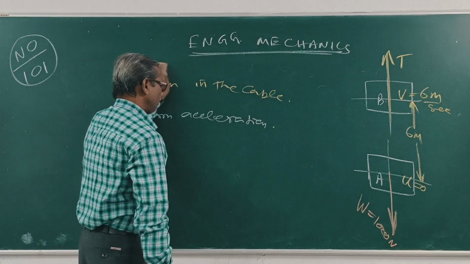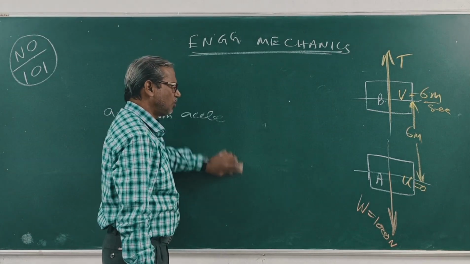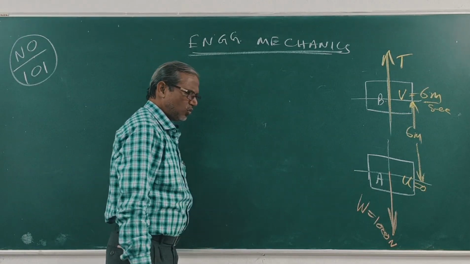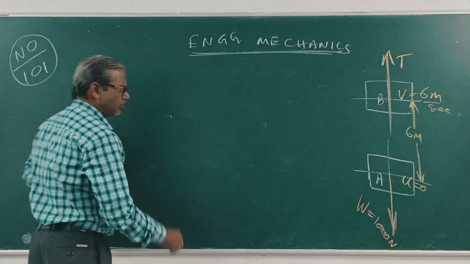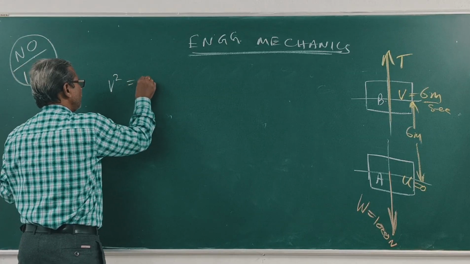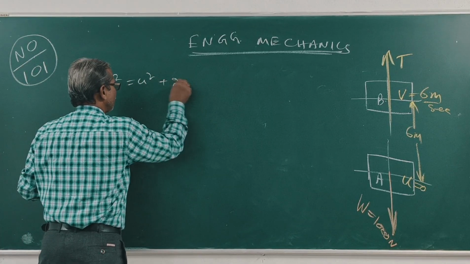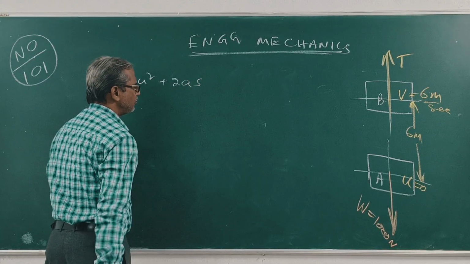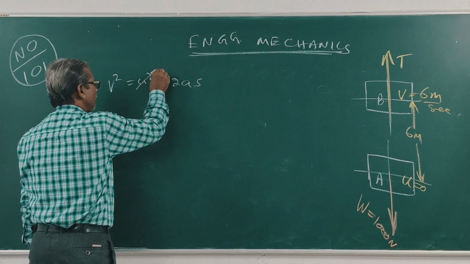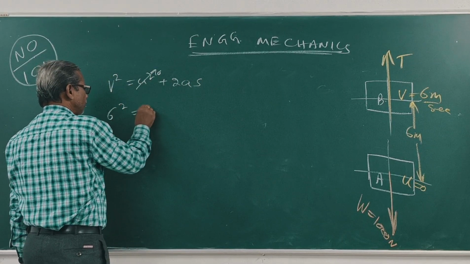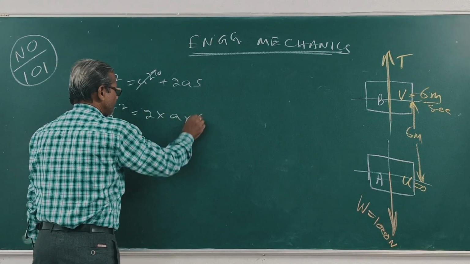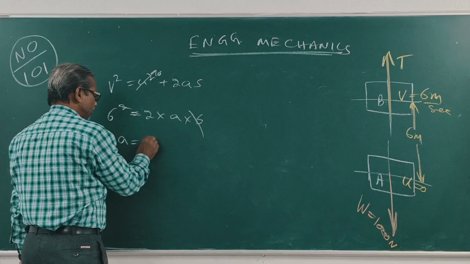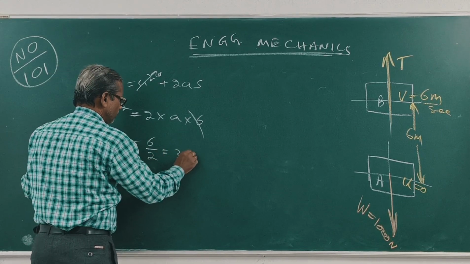Now, for upward motion, v square is equal to u square plus 2as. So u is 0, 6 square is equal to 2 into a into 6. So a is equal to 36 by 12, which is 3 meter per second square.